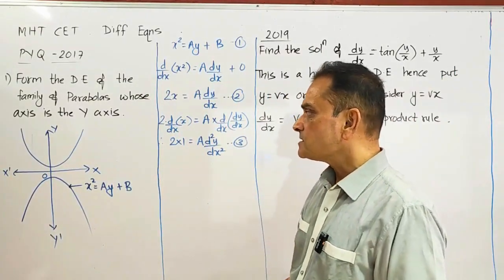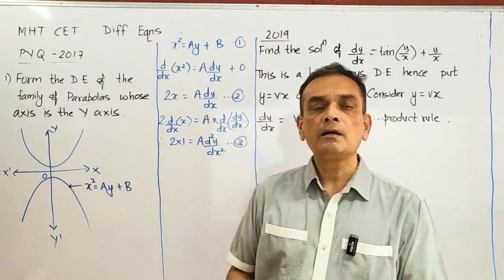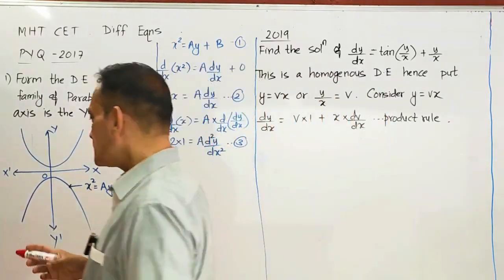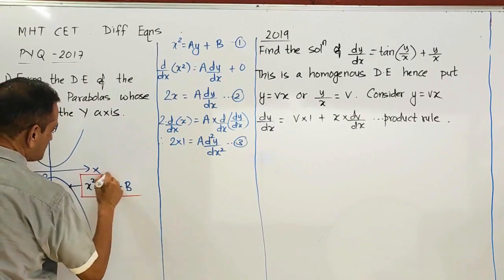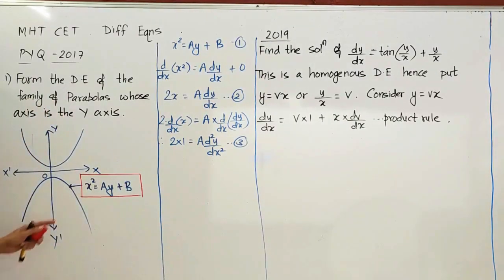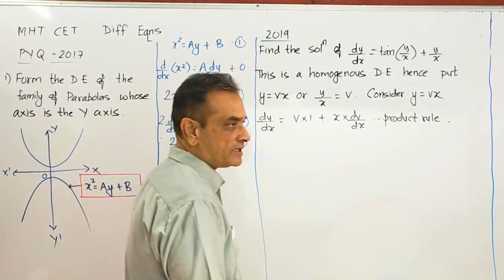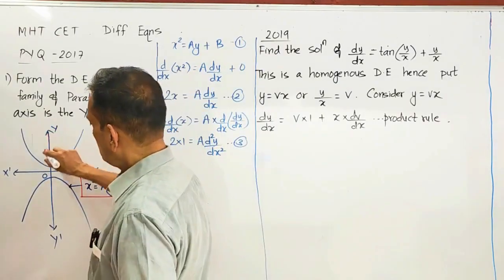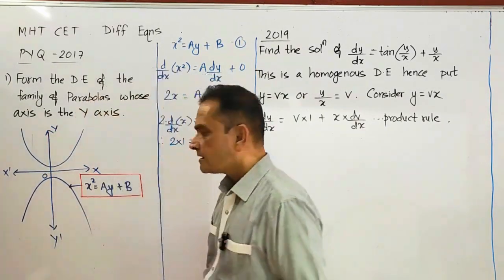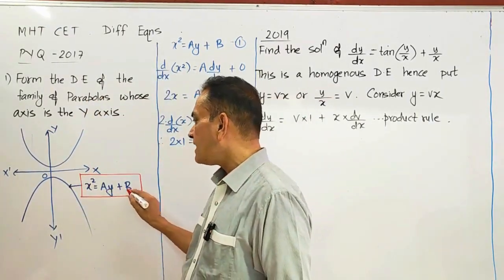If the y-axis is the axis, in general the equations of the parabolas are taken as x squared is equal to ay plus b. Remember this. When the parabolas are symmetrical about the y-axis, their equations are taken as x squared is equal to ay plus b.